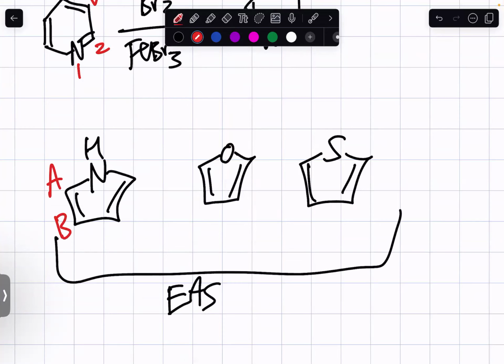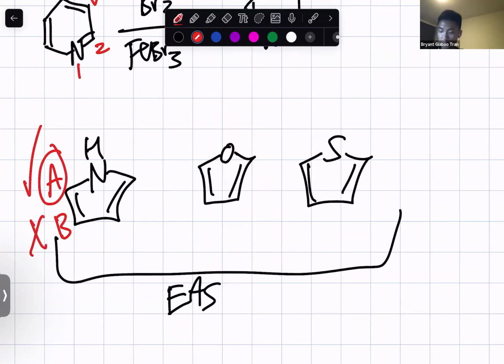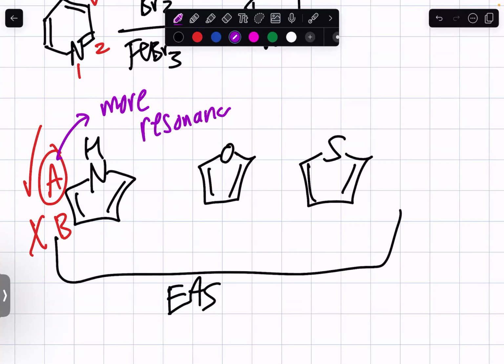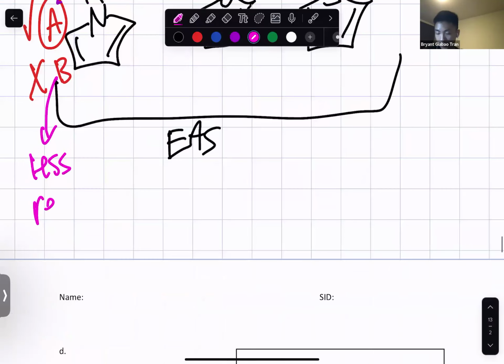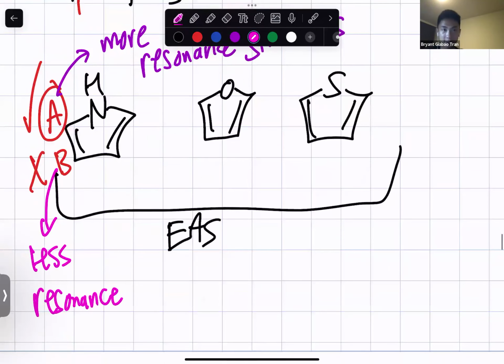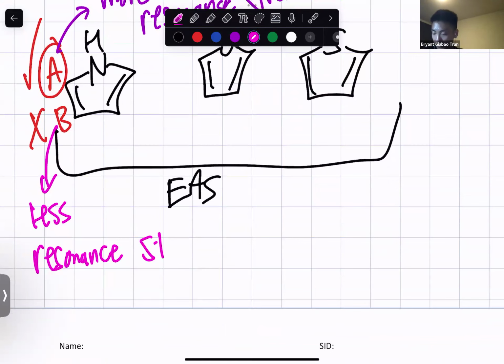I think it was A. Yeah, not B. The reason why is because A will give more resonance structures, right? When we draw out the whole thing, that's the reasoning, more resonance structures. If we attach it to B, that gives less resonance structures, right? That's the important concept there. We don't have to draw out the whole thing because you just got to understand why it prefers to attach to A instead of B, because A allows for more resonance structures compared to B.